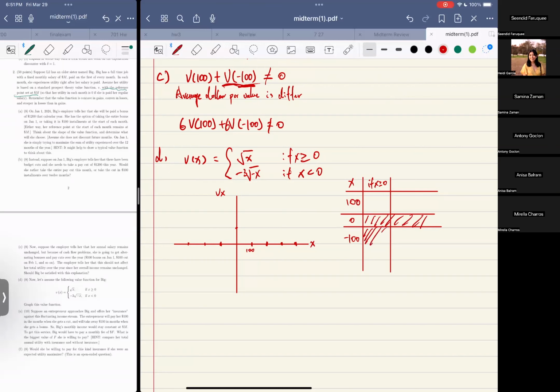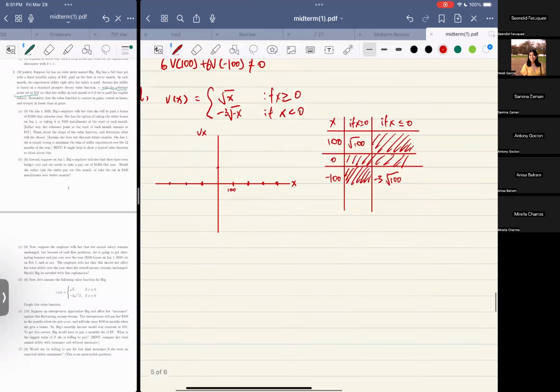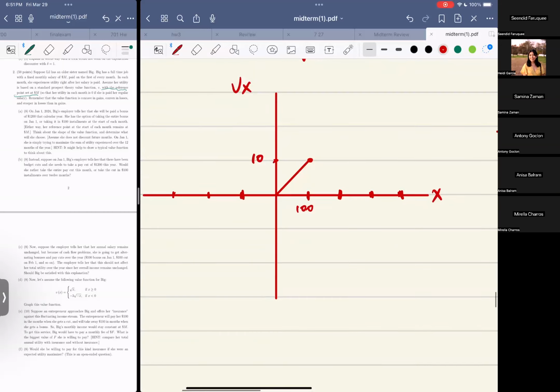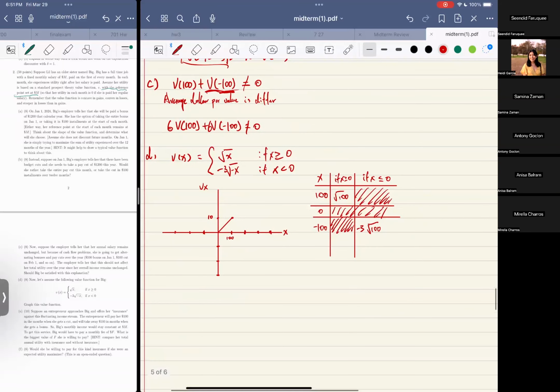So I'll have a box here. If it's greater than 0, I have square root of 100, which is 10 units. If x is less than 0, then I don't have this box, and I have negative 100, which gives negative 30.